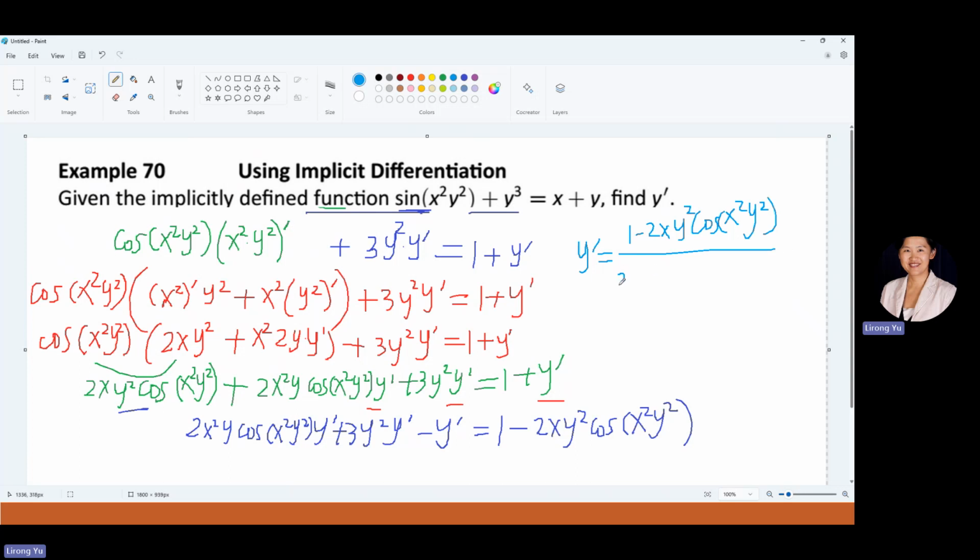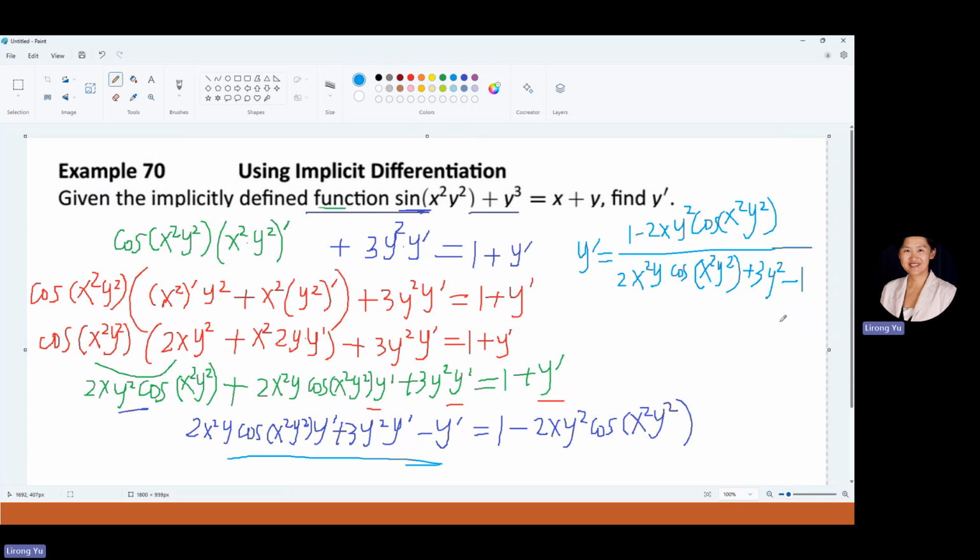On the left, we have 2x squared y cosine x squared y squared, plus 3y squared, and there's a minus 1. If you get the y prime by itself, that's the whole term. That's the last step, which is the division.